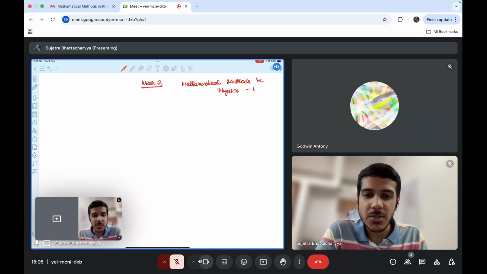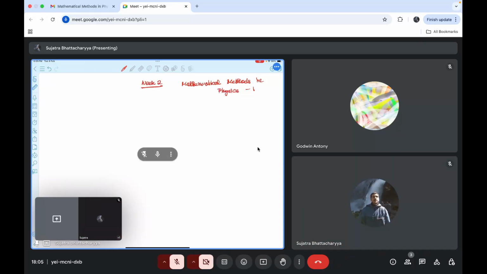So let me write down what we will be focusing on today. One is that we will be using rank calculations, because not only will we calculate the rank of the matrix, but we will also calculate the rank of the augmented matrix.